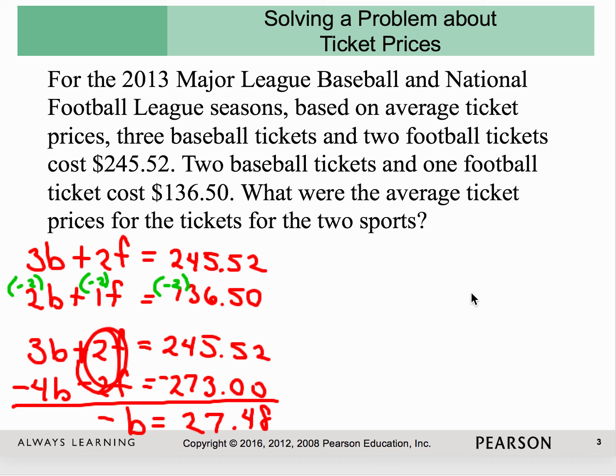All right, let's just double check. 273 minus, and by the way, negative, the biggest one's negative. Minus 245.52. 10 minus 2 is 8. 9 minus 5 is 4. 12, yeah, 27.48. Okay, so if we divide both sides by -1, we know that the average price for a baseball ticket was $27.48.